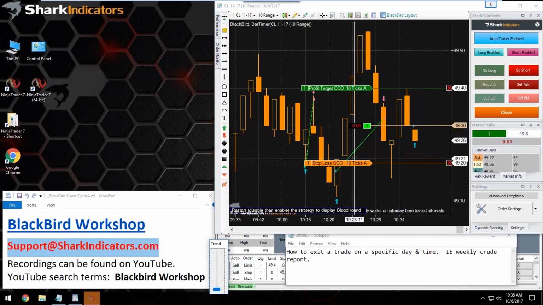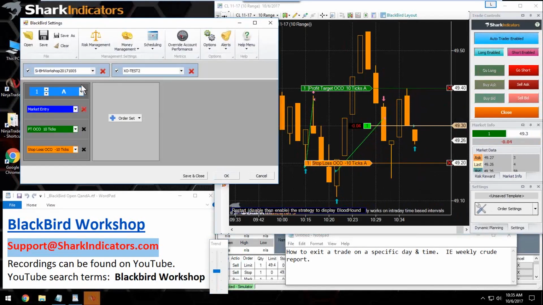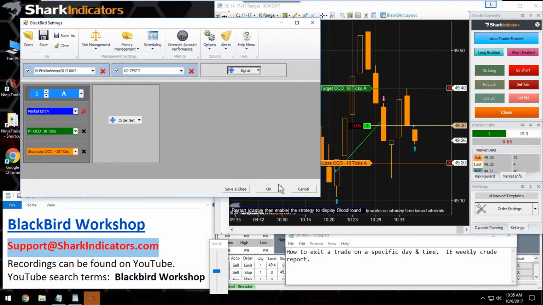You'll notice how we don't see BloodHound on the chart. So one thing to keep in mind is that when you're adding BloodHound signals, there's no way to add BloodHound to the chart instantly.